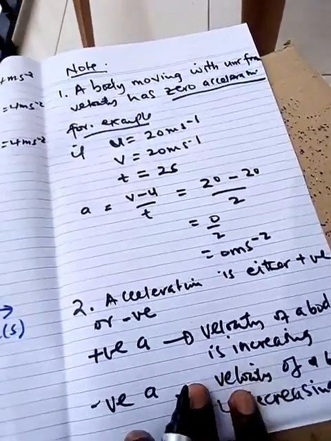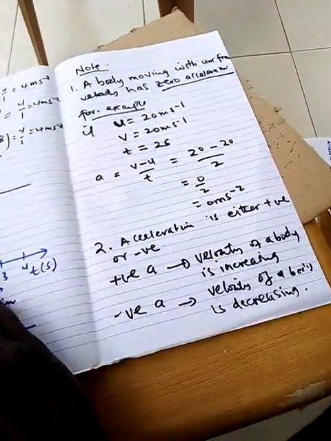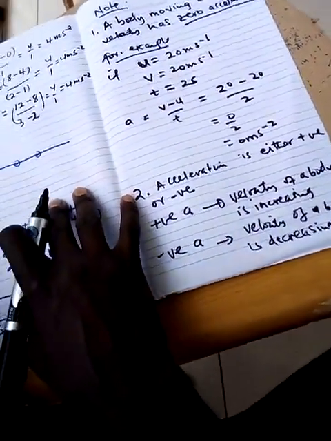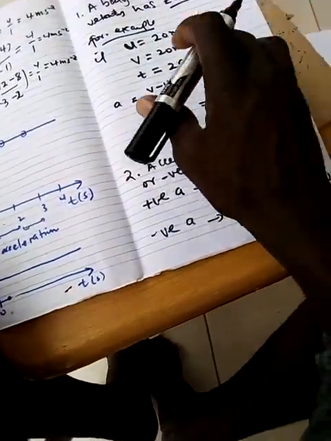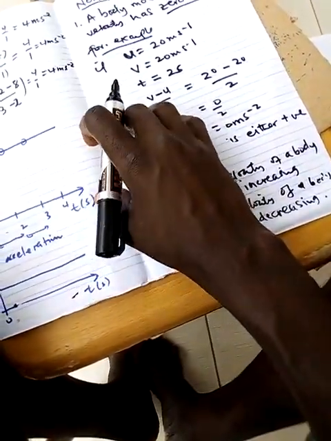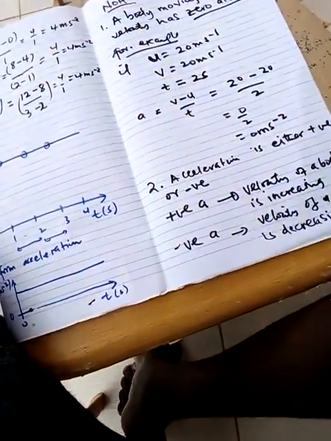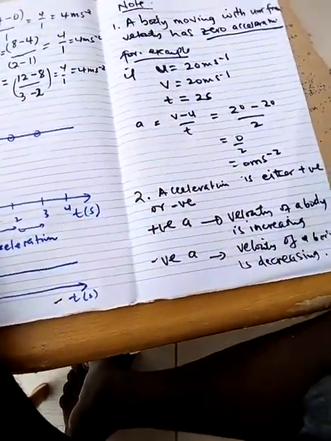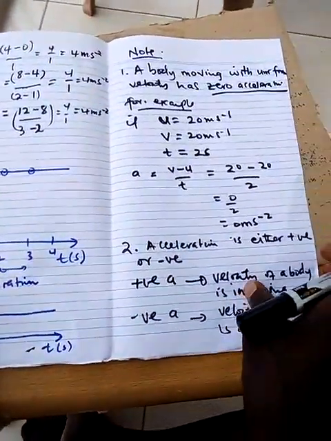That is negative acceleration. In fact, when a body has a decreasing velocity, it is said to be retarding. So it is undergoing what we call retardation or decelerating. So it's said to undergo deceleration.